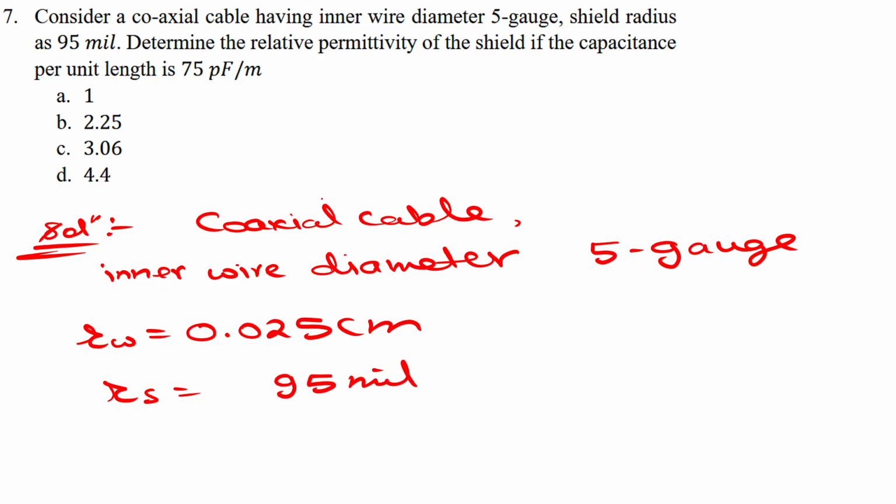95 mil. The shield radius means, I have shown you a transmission line, right? A coaxial cable, which looks something like this. There is an inner conductor, then there is this dielectric. I will use another color. This is the inner conductor, I'm denoting it in red color, and then there is a dielectric in between.